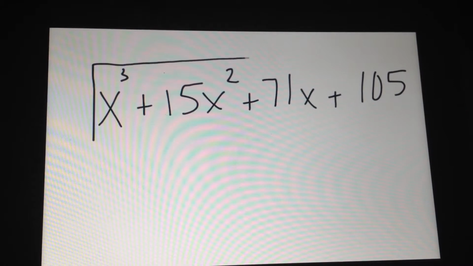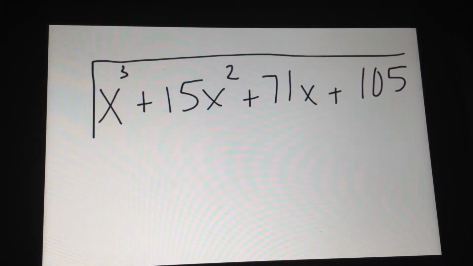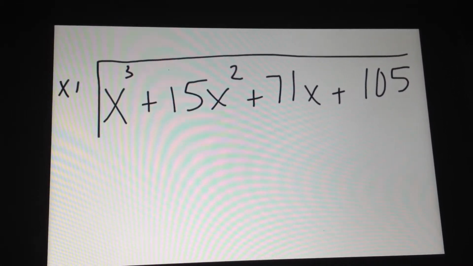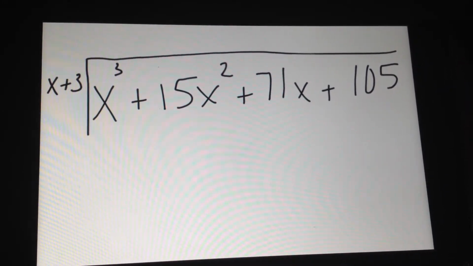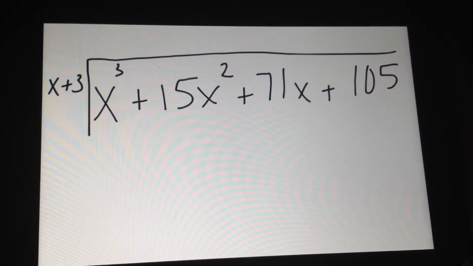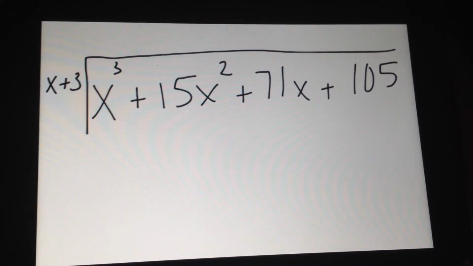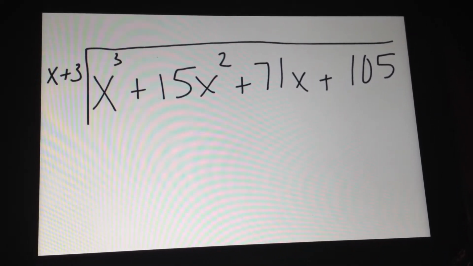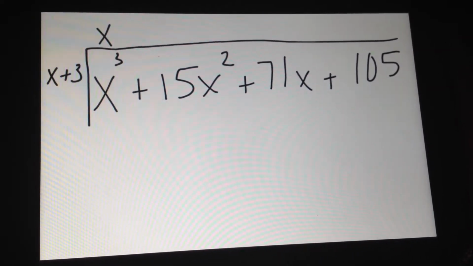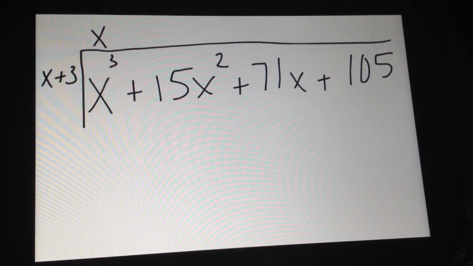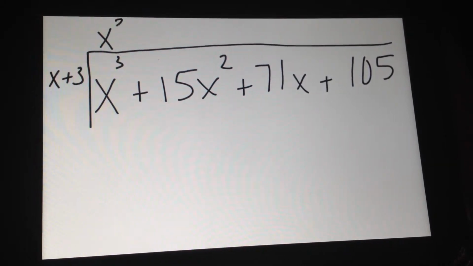So put a division symbol here and put the x-intercept solution on the outside. And now we divide it. What times x equals x cubed? It's x squared.